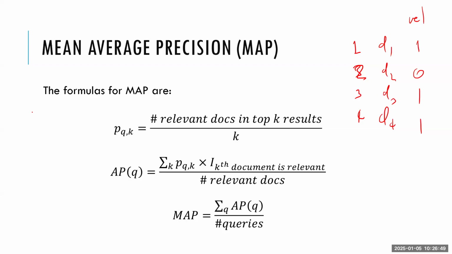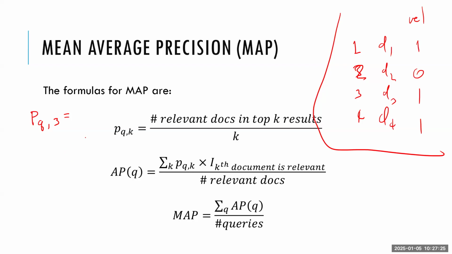So if I calculate P of 3, what is the value of PQ3? If I have the data on the right side, my query gives me this ranking, and only the second spot is not relevant.